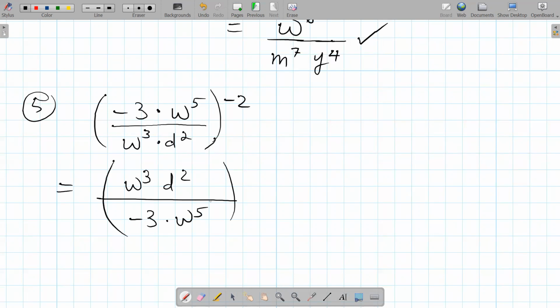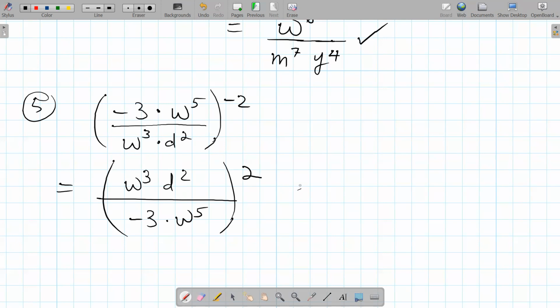And the outside power now changes from negative to positive. So this is one of the rules of negative exponents. Remember when we're talking about the rational negative exponent rule? That is what it is. So if you have a fraction in parentheses and the outside power is negative, to change the negative exponent to a positive, just swap what is inside and that'll be it.